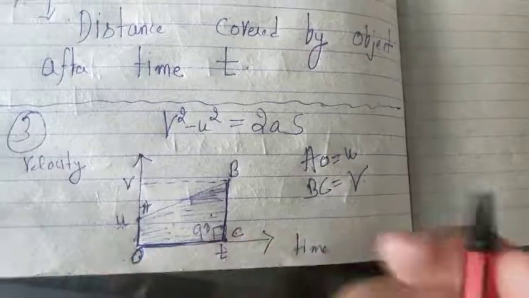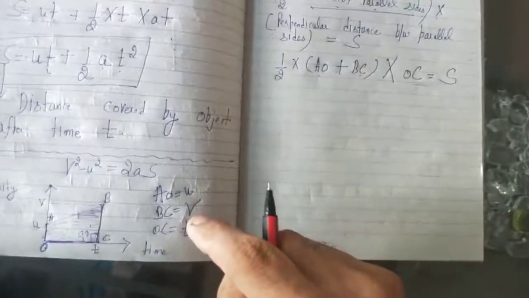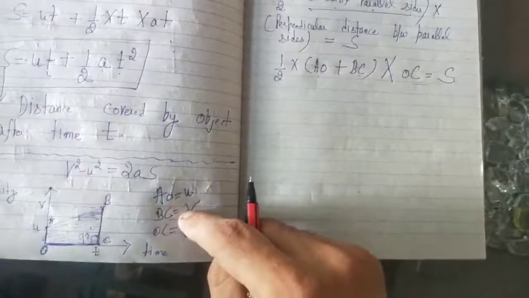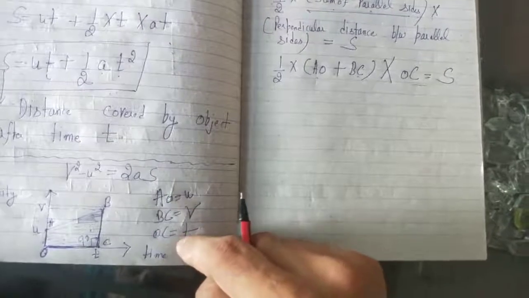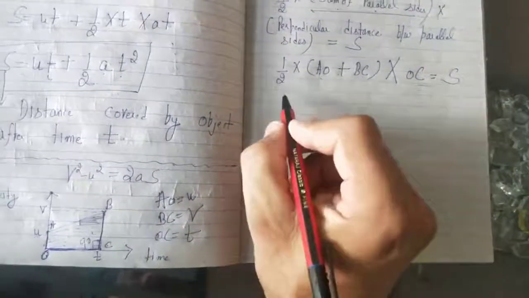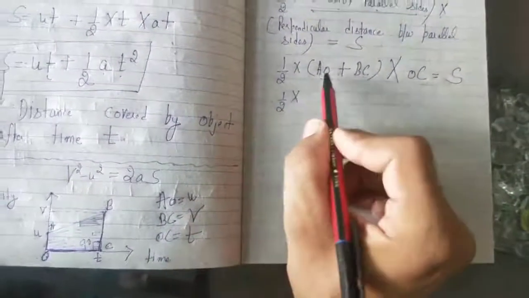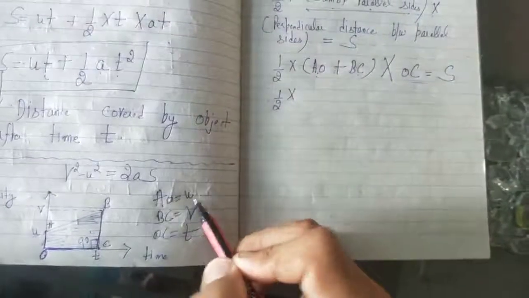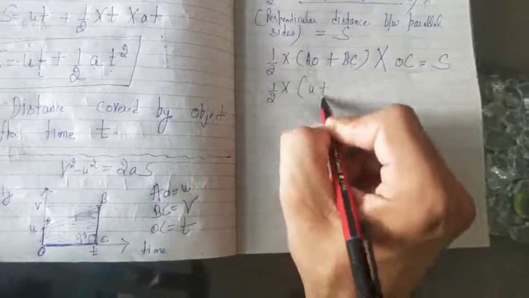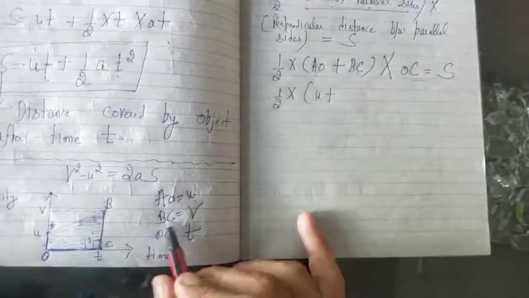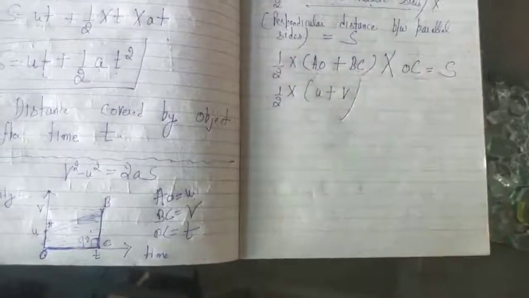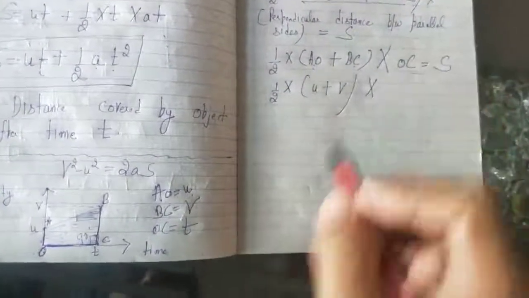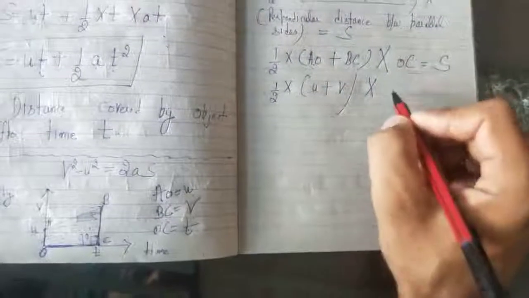It is T. So you have got the value of AO, the value of BC, and the value of OC. So half into, what is the value of AO? AO is U. And what is the value of BC? BC value is V. Into, what is the value of OC? OC is T, is equal to S.